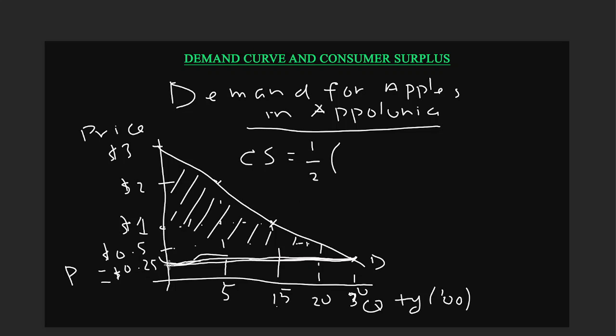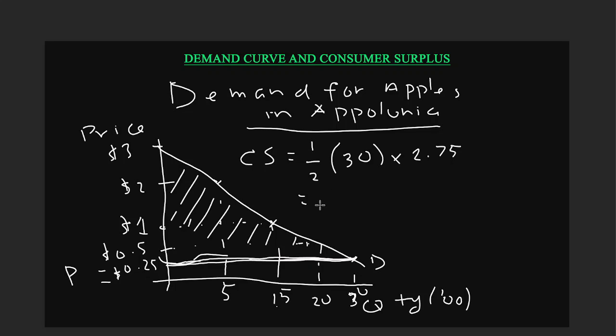Half, so let's say this is our base. The base here is 30. So half of 30 times height. The height here, the difference, is 3 minus 0.25, so times $2.75.